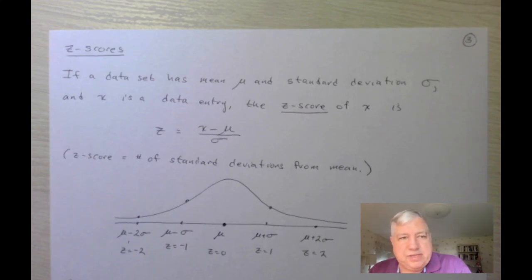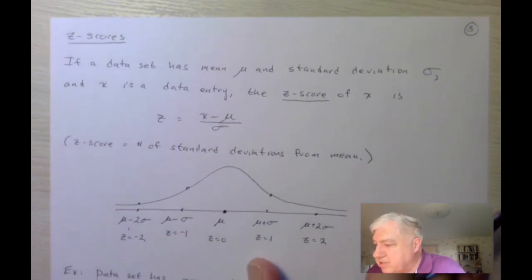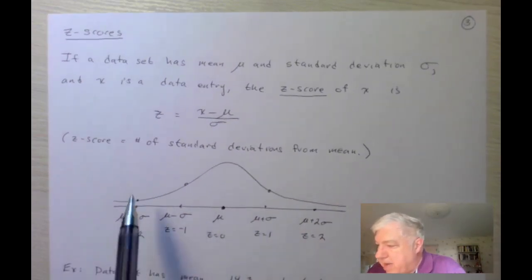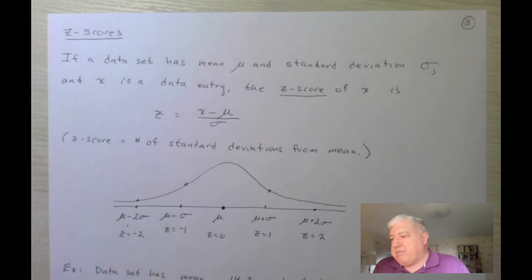So we say if a data set has a mean mu and standard deviation sigma, and x is a data entry, the z-score of x is defined to be the quantity x minus mu divided by sigma. So basically it's how far you are from the mean divided by the standard deviation. And a z-score is basically the number of standard deviations from the mean, where of course this number doesn't have to be a whole number.